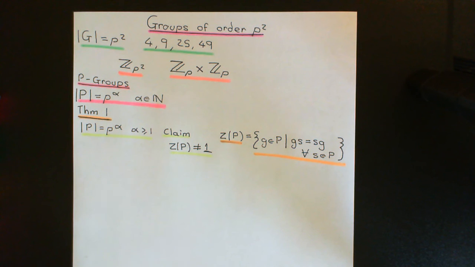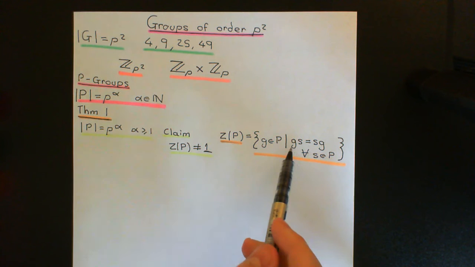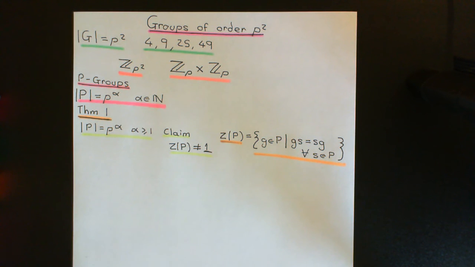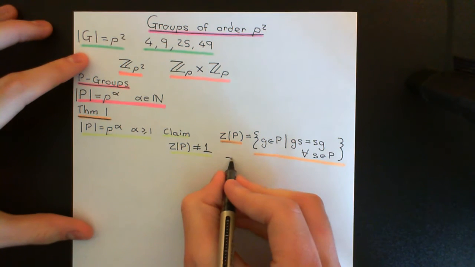Now the centre of the group is always non-empty because the identity element always commutes with all other elements of the group. If you put the identity in as g, that statement would be true no matter what s you took from the group P. So the identity is always in the centre, so it is always non-empty, and in fact it always forms a subgroup of the group.